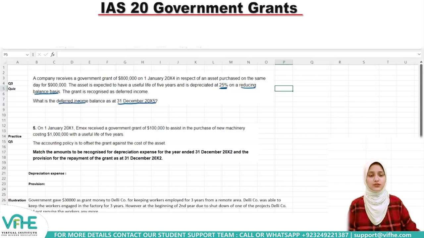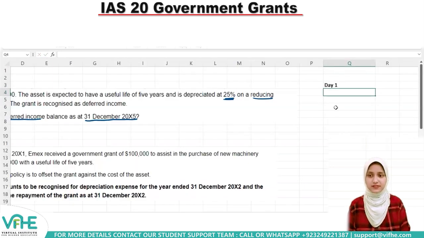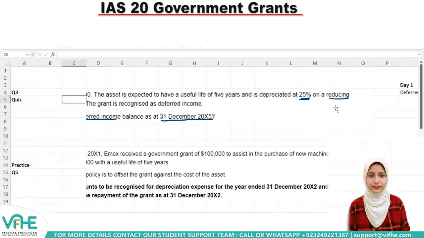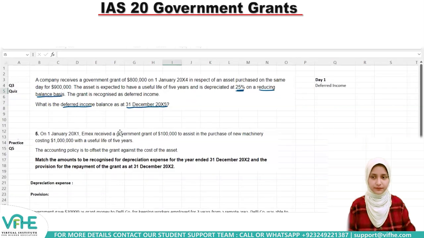So on day 1, my liability balance, that is my deferred income balance, is going to stand at the complete amount of 800,000, okay, on day 1, because you have not done anything to deserve that 800,000 on day 1.